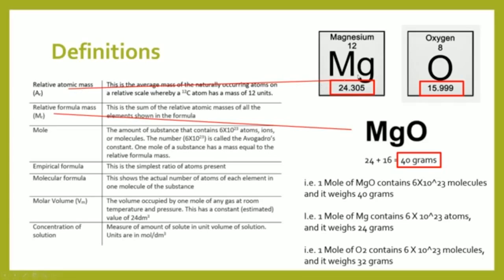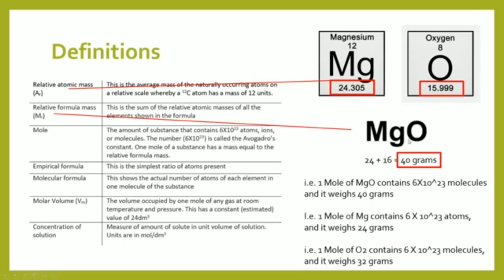That is key. So what you then have is relative formula mass, which is basically if you have a compound like magnesium oxide, the relative formula mass is just the sum of all the different relative atomic masses inside the compound. In this case, you've got magnesium, which has an Ar of 24, and oxygen, which has an Ar of 16. So the relative formula mass of magnesium oxide is just the sum of those, which is 24 plus 16, giving you 40 grams.